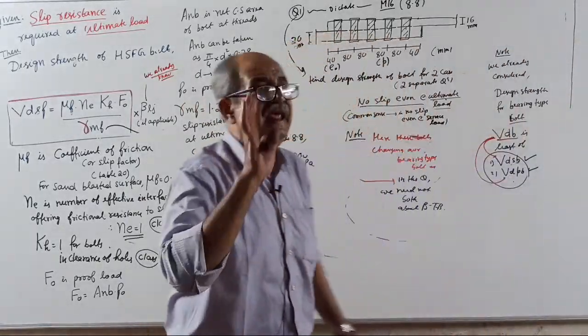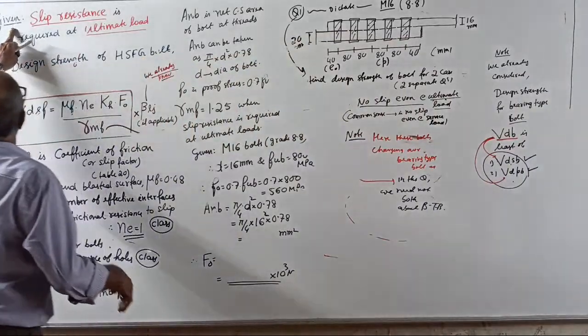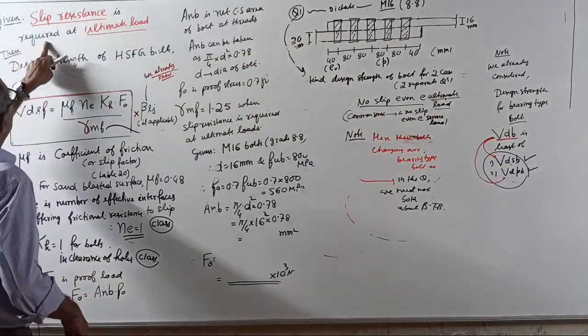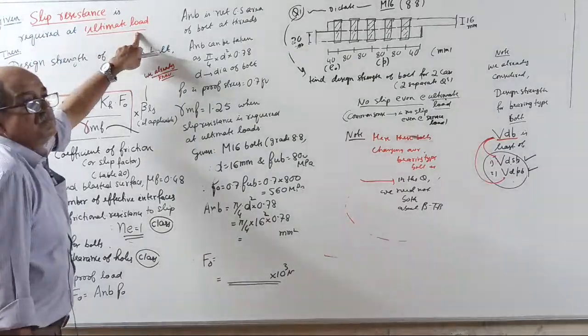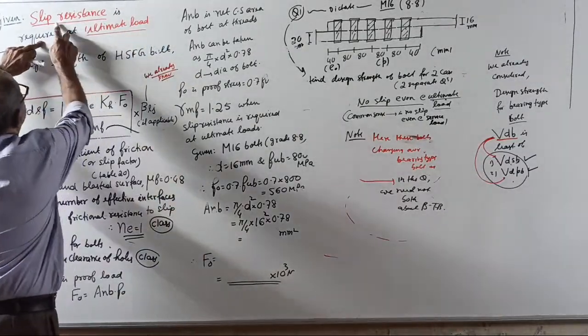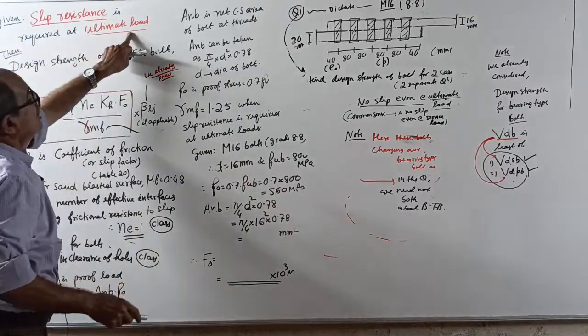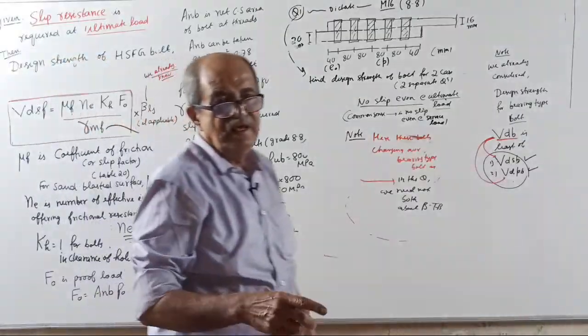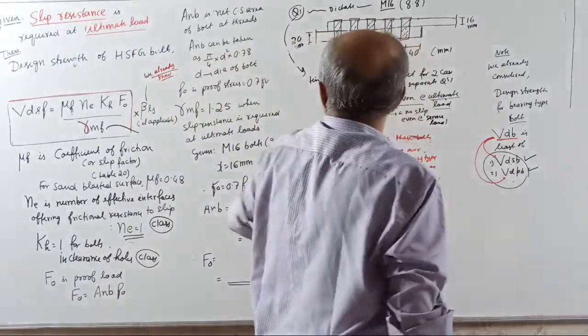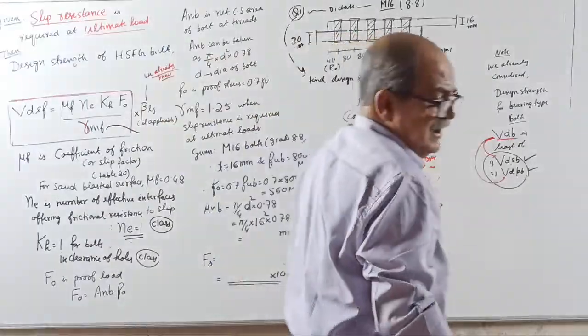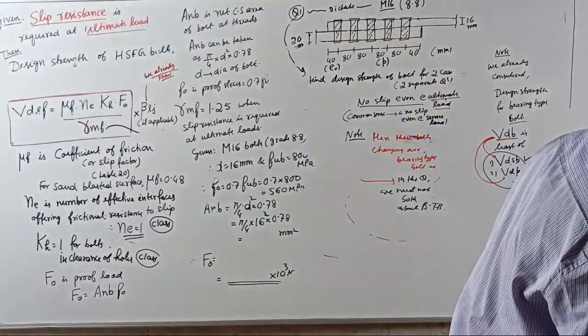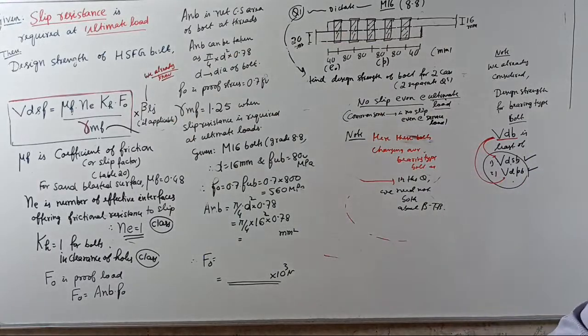Then, theory. Procedure. Slip resistance is required at ultimate load. Clear now? Heading: this is the case of slip resistance required at ultimate load. First, clear or not? Tell me clear, I will go further.